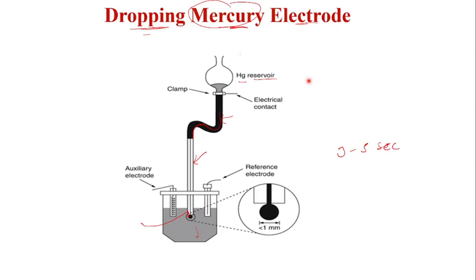The advantage of this technique is that it continuously gives a new electrode surface, so it gives good results. It is not contaminated by the solution, it gives a smooth surface, and you can also measure the area of the surface according to the weight of the mercury drop which is falling continuously. This is how you can use the mercury dropping electrode.